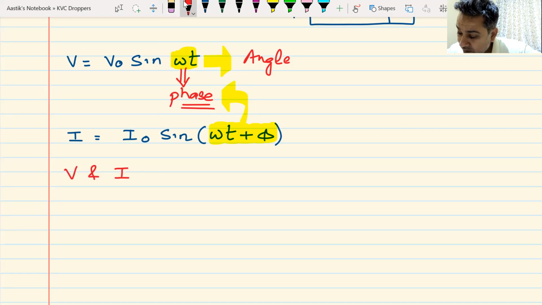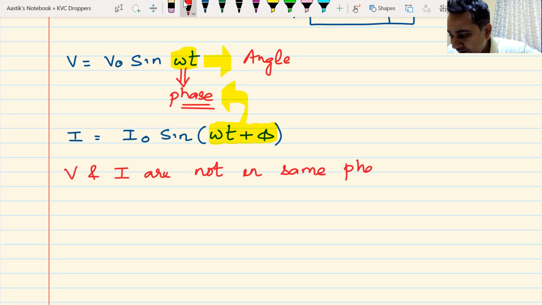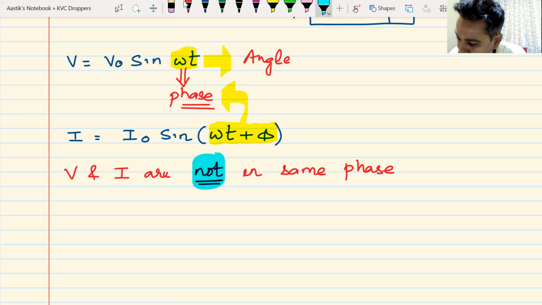Voltage and current are not in the same phase. Do we understand this? The most important point is they are not in the same phase. Yes or no? Yes, sir.